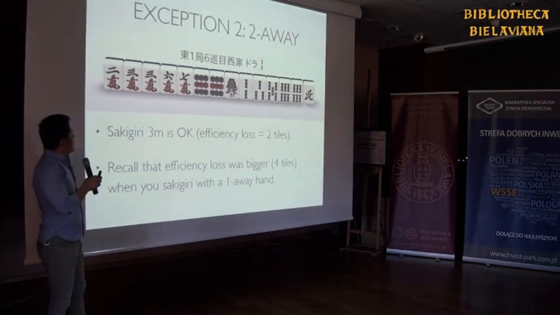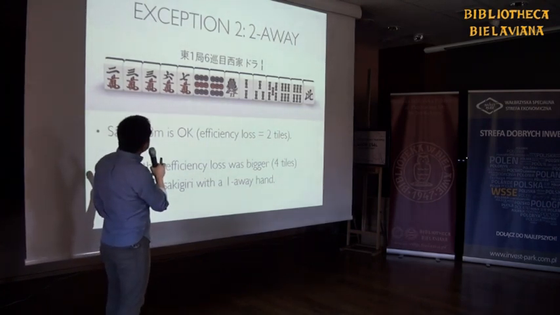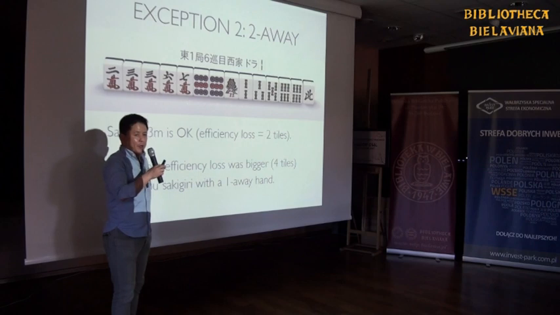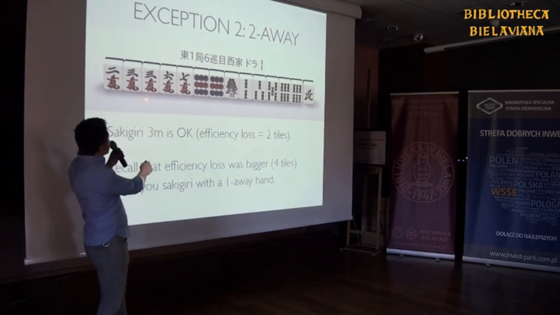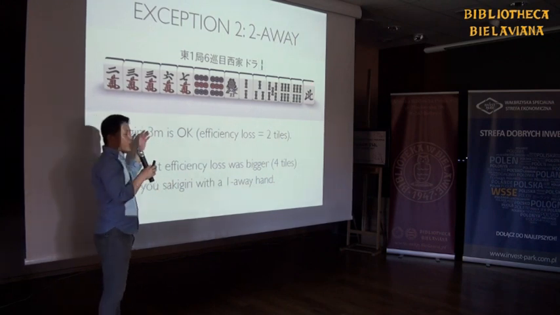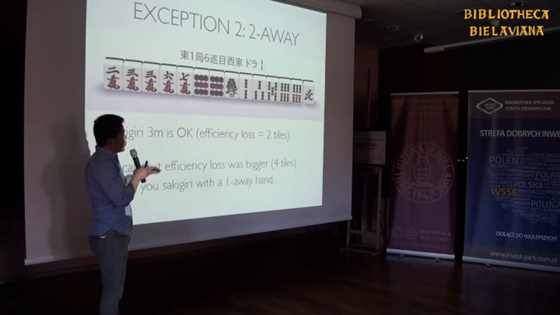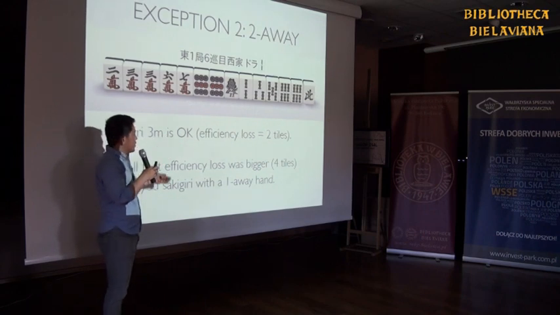Another exception is when your hand is 2 away from tenpai. You can discard 3 man to do sakigiri if you want to keep north. The loss in tile efficiency is only 2 tiles when the hand is 2 away. When the hand is 1 away from tenpai, the loss in tile efficiency will be 4 tiles.